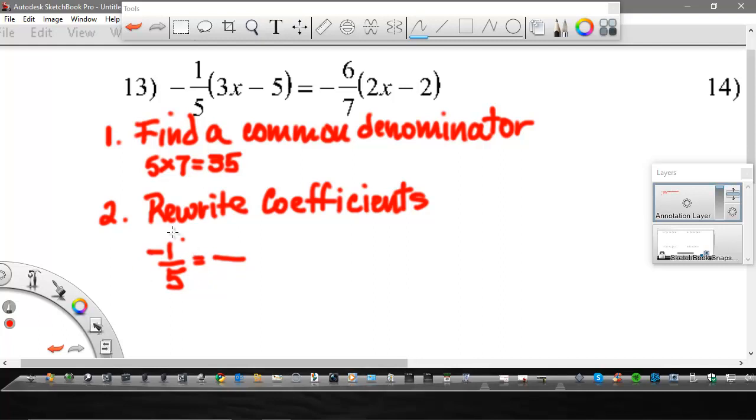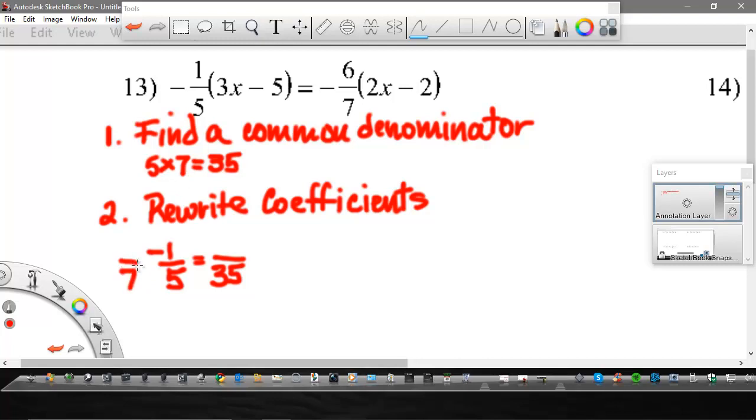It means it has the same value on the number line. They're exactly the same thing, except they're going to look different. This fraction over here is going to have a 35 in the denominator rather than a 5. Now, if you look at our common denominator, we already have a 5 right here. So what I need to do is multiply the bottom by 7.